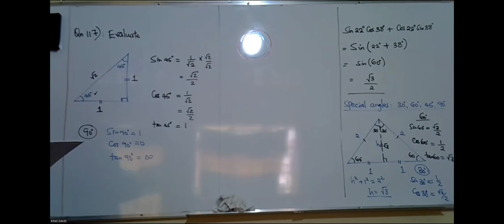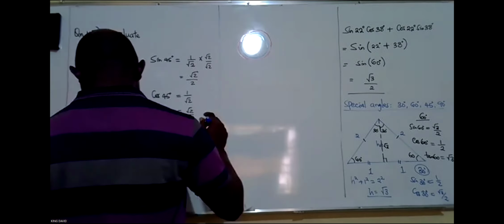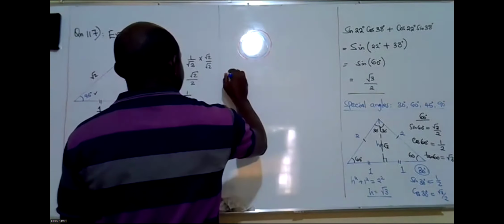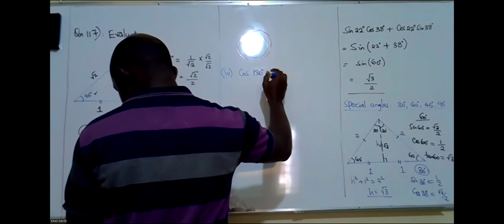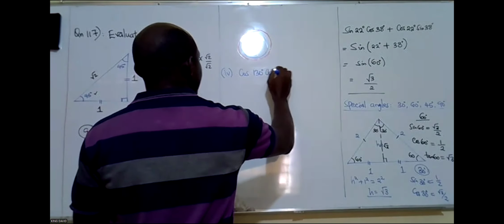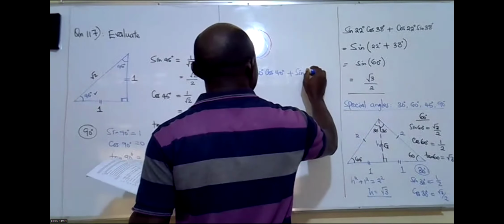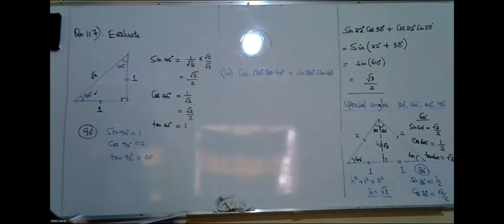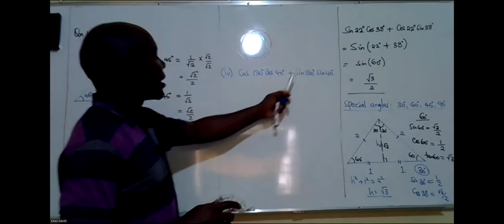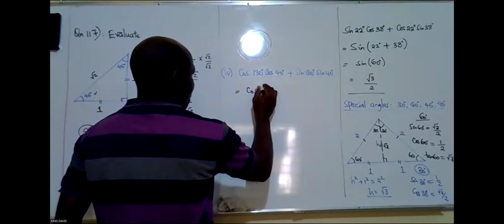Another one we could do there is maybe part 4. Part 4 that says cos of 130 degrees, cos of 40 degrees, plus the sine of 130, sine of 40. So when we have cos and sine, we know this is an expansion of cos.